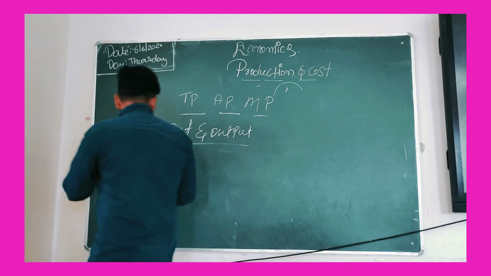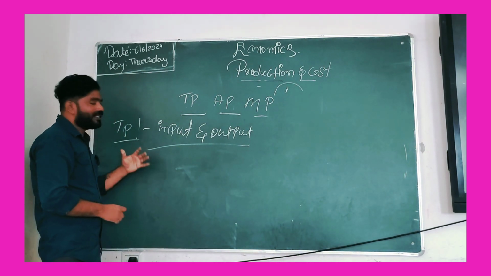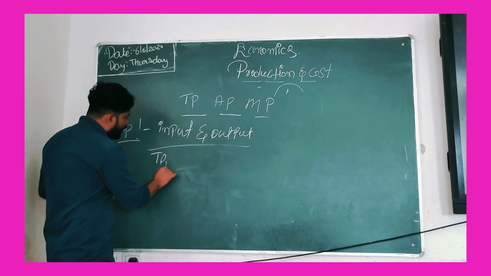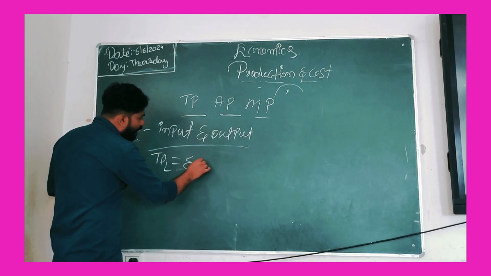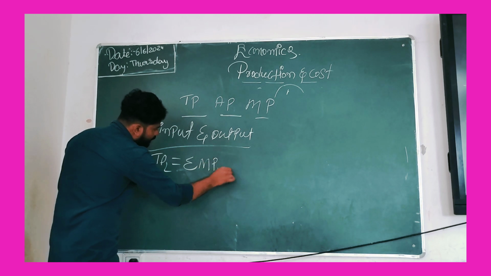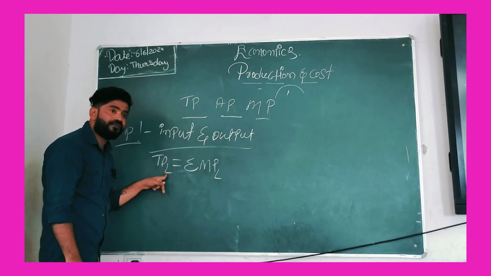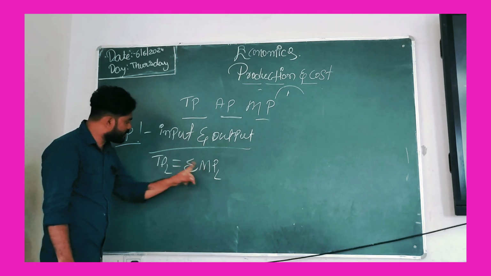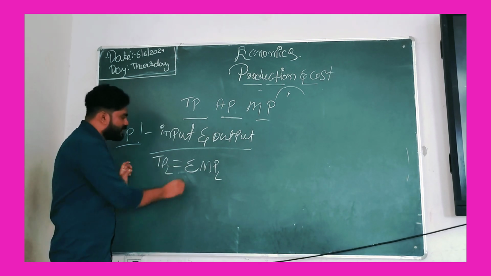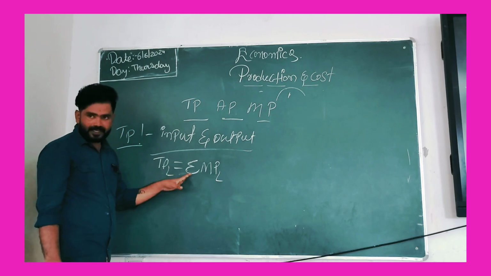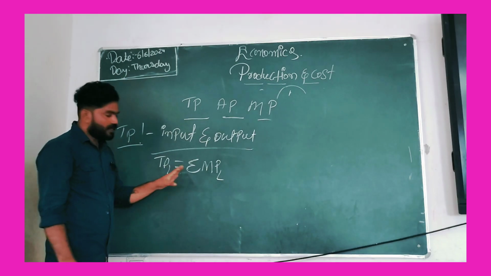When we see this diagram, it is one example: TPL is equal to sigma MPL. L means variable factors. Sigma means added.